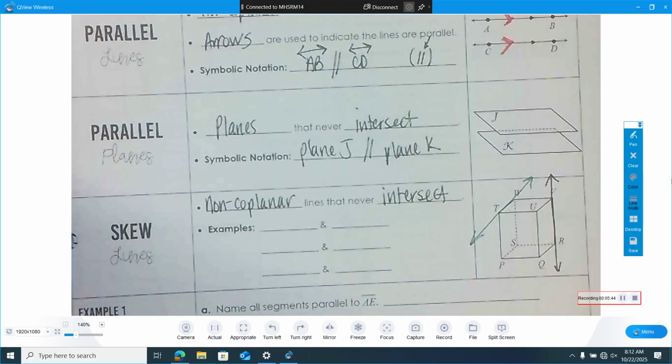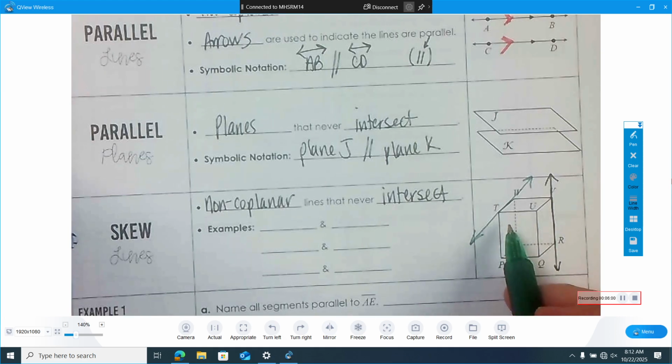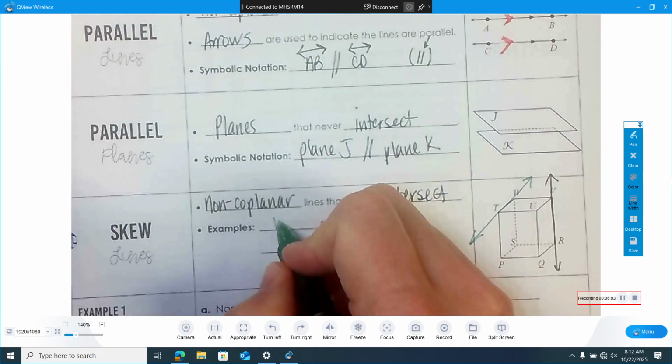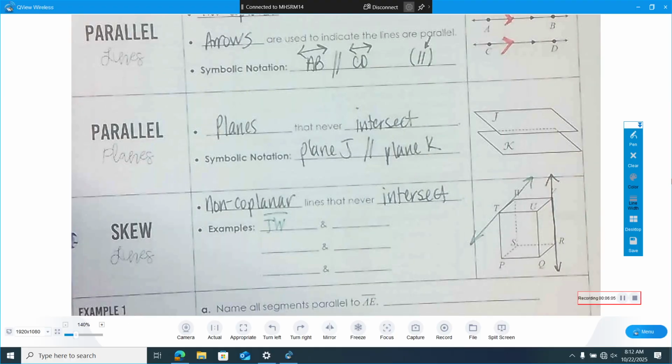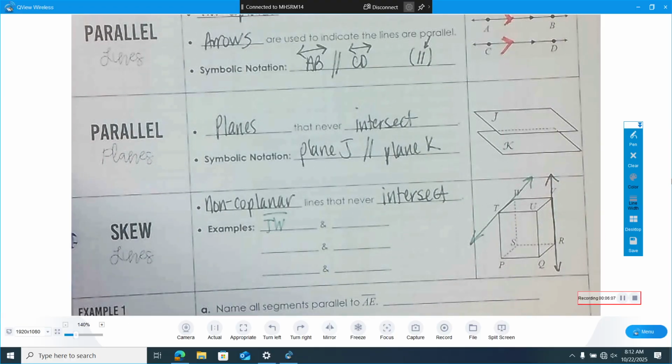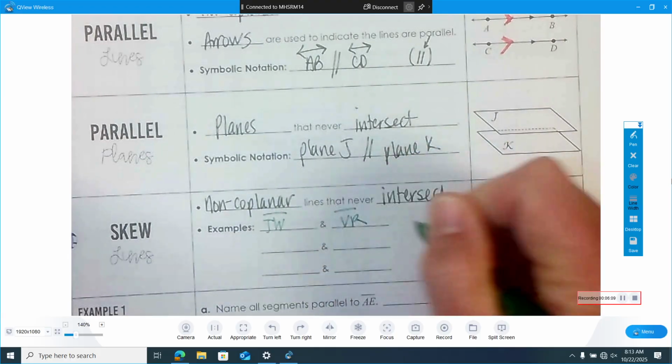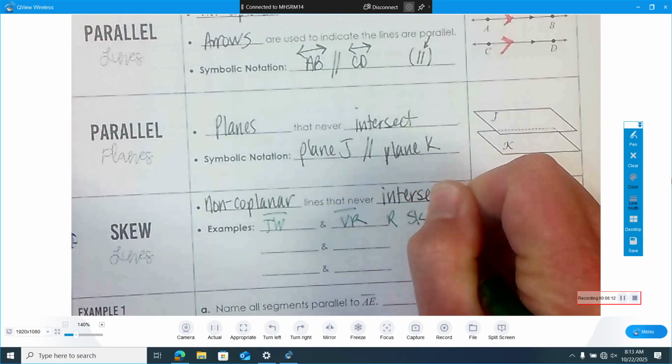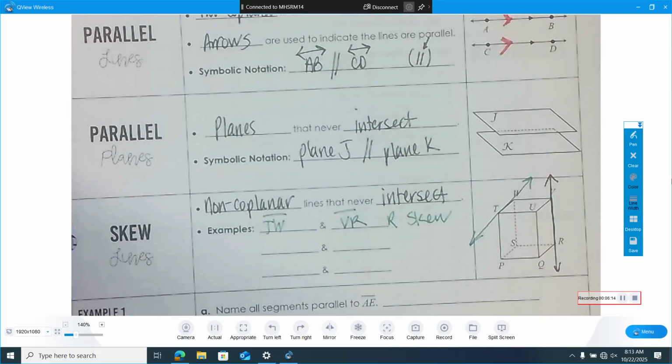Are they going to intersect ever? No. And they're not in the same plane. All right, so if you start parallel and turn one of them, now they're skew. Okay? So here, for example, segment TW and segment VR are skew. So give me another pair of skew lines.